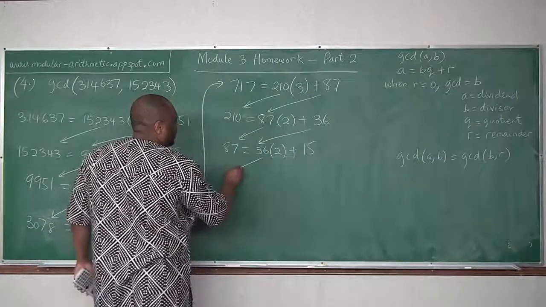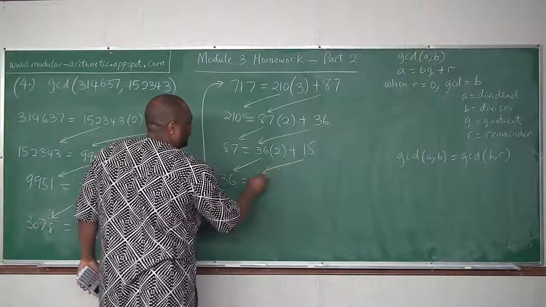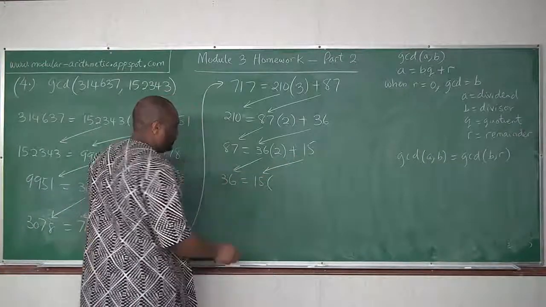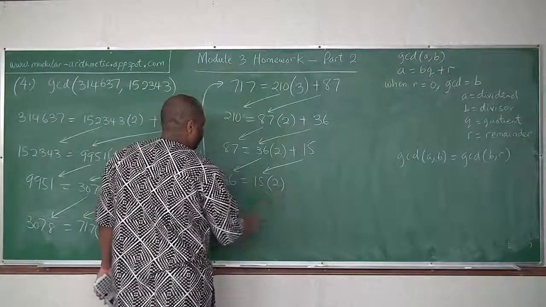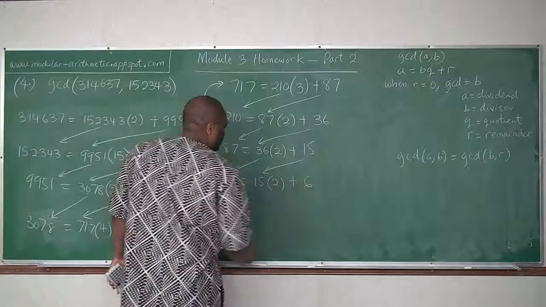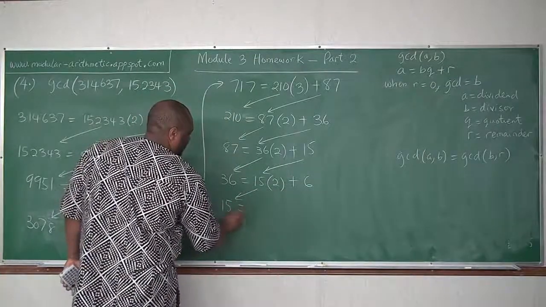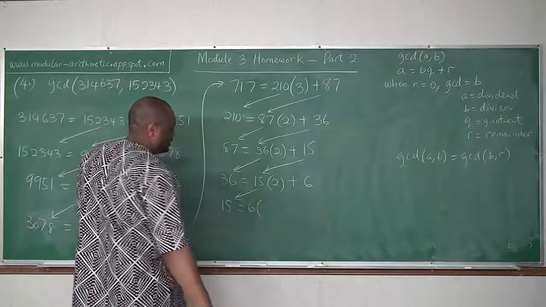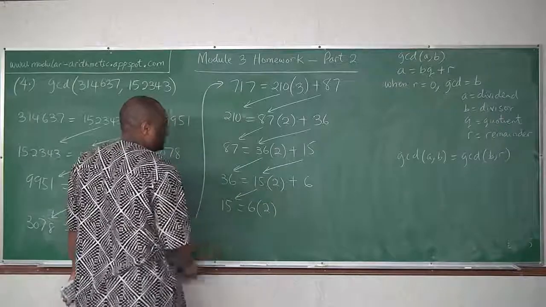So the next one, 36 is 15 times 2, of course. Okay, 15 times 2 is 30 plus 6. And then 15 is 6 times 2, 12 plus 3.